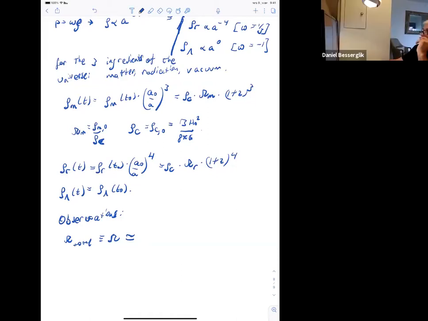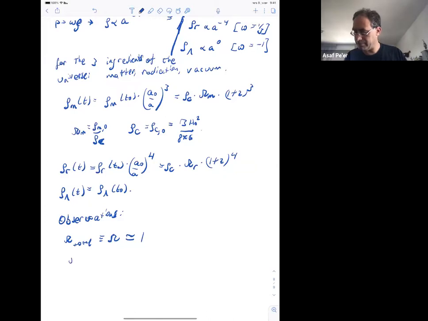It's 1. And the matter? Omega matter is approximately 30%, so 0.3. Approximately. Slightly less, but it doesn't matter.